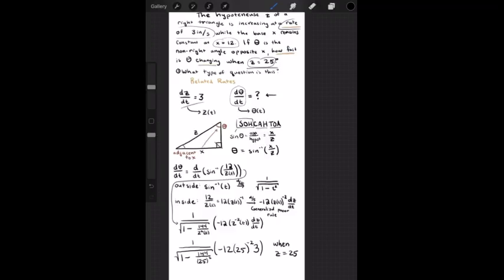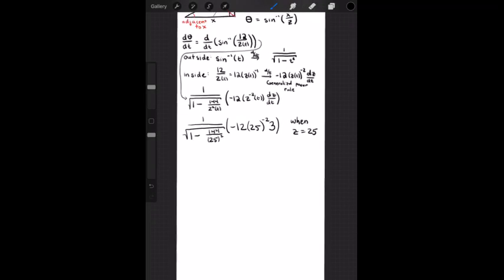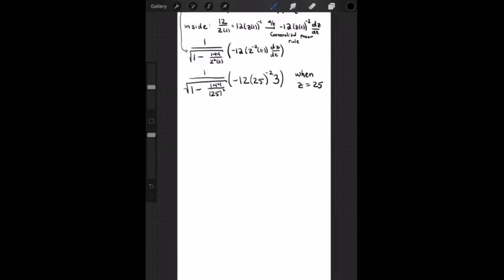And so we probably wouldn't want to leave this like this, because we can simplify some things here. This is 1 over the square root of, right, just simplifying those powers and multiplying some stuff together.